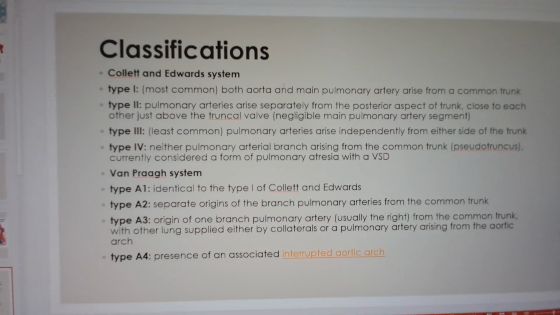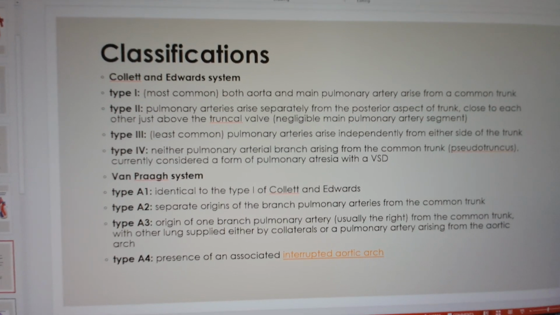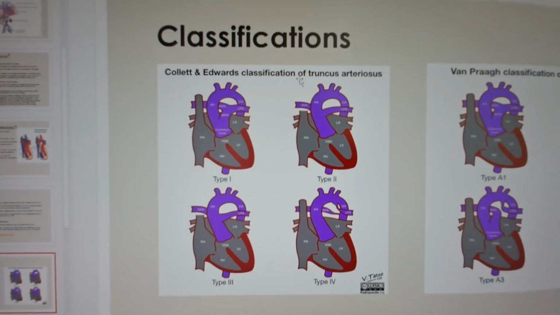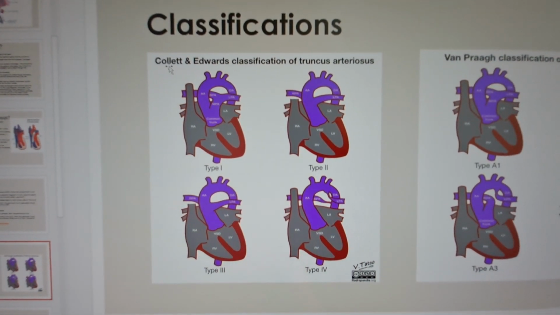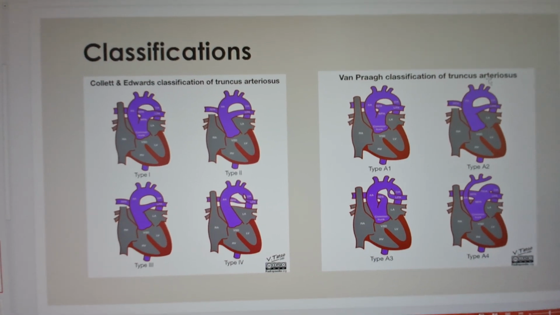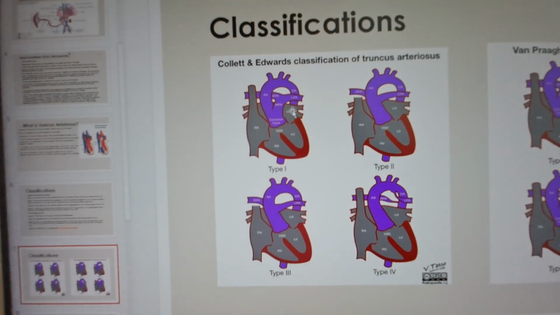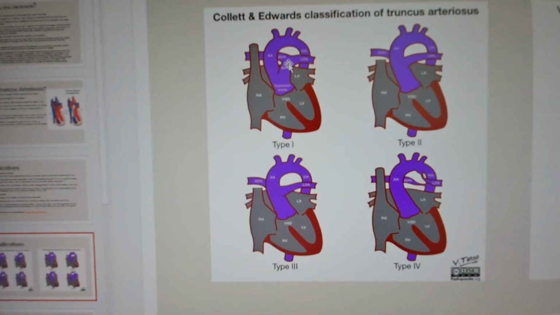There are a few classifications you should know, because there are connection differences at different levels of the artery, as I show in the picture. There are two classifications of truncus arteriosus, Edwards and Van Praagh, made only because of these connection differences.